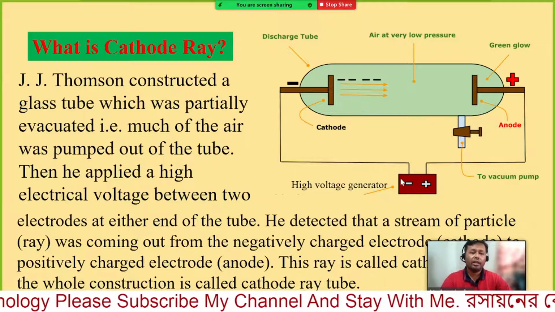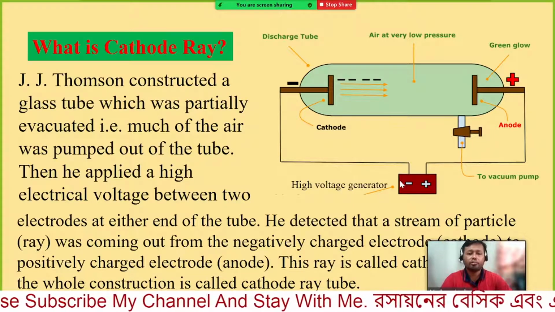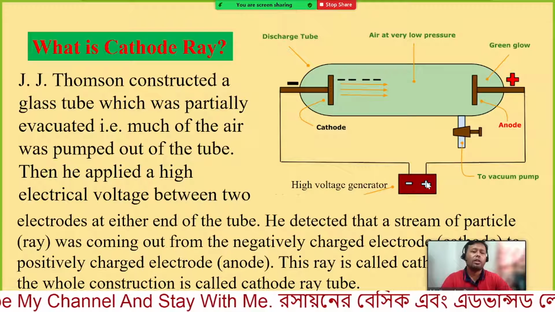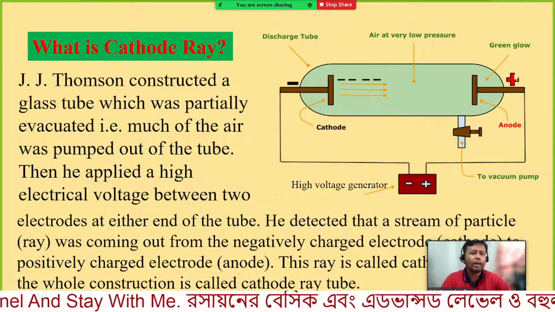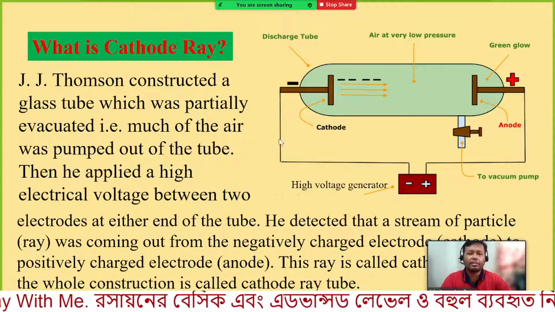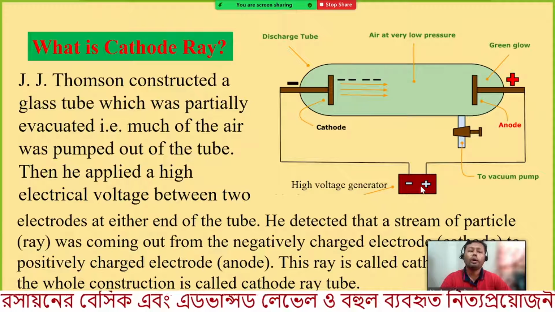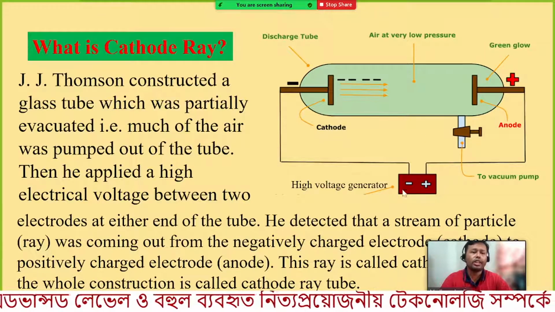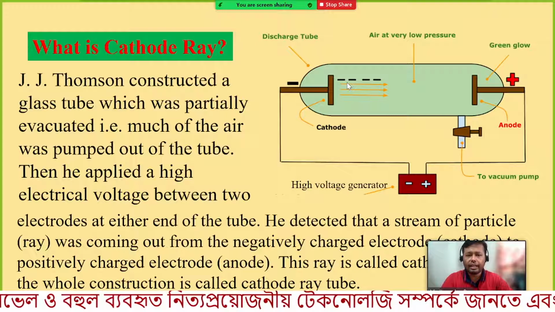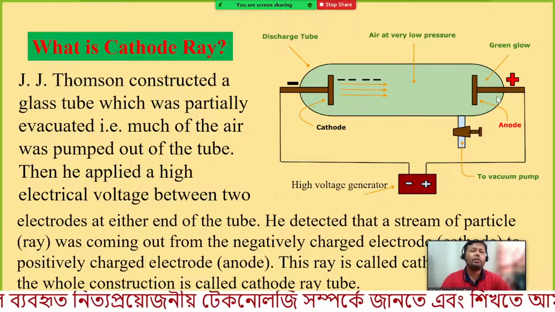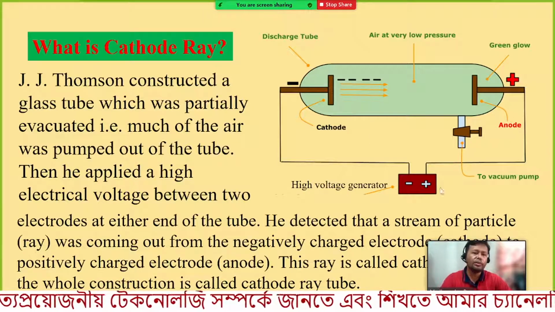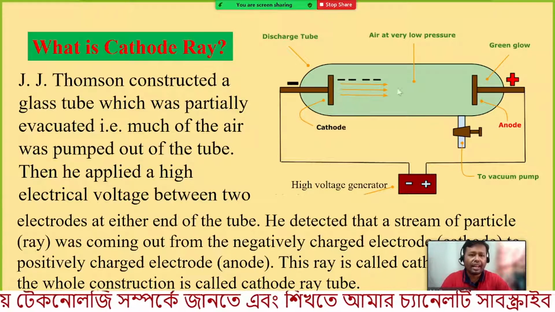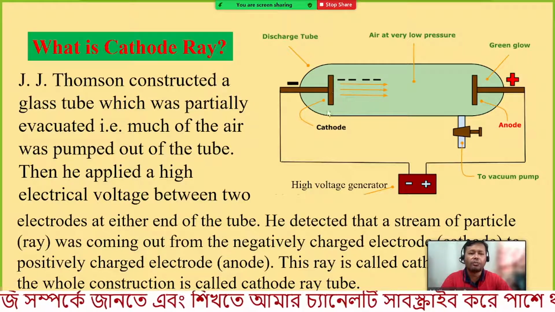So he used a high voltage generator and connected it with the anode and cathode. When he applied the potential difference to the cathode and anode, he found some ray coming out of the cathode.